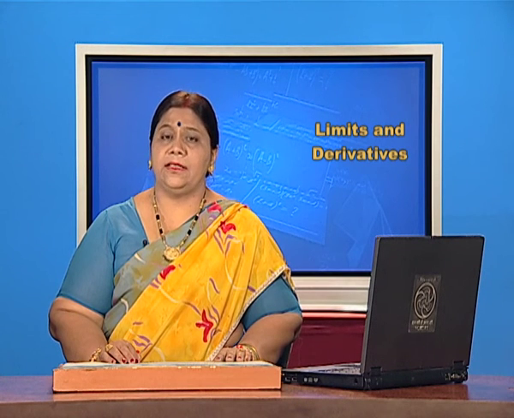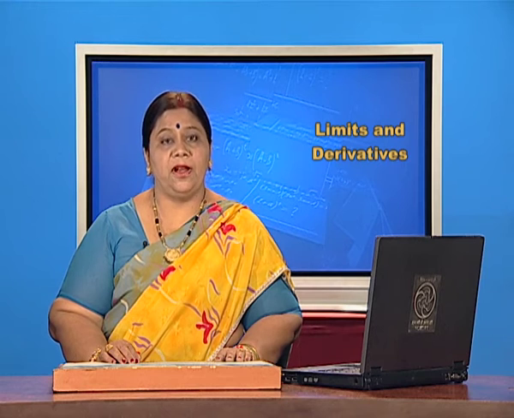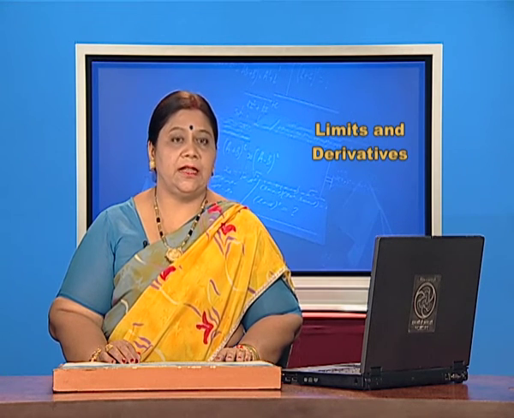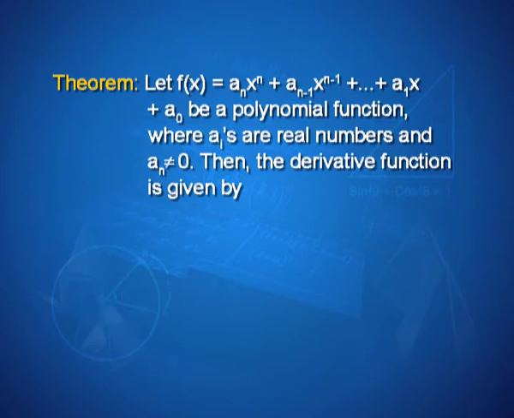Now, let us discuss the derivatives of polynomial and trigonometric functions. Look into the theorem. Let f of x be equal to a_n x raised to n plus a_(n minus 1) x raised to n minus 1 plus so on plus a_1 x plus a_0 be a polynomial function where the a_i's are all real numbers and a_n is not equal to 0.